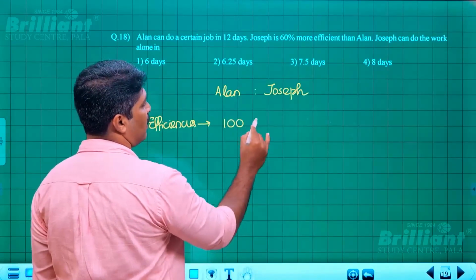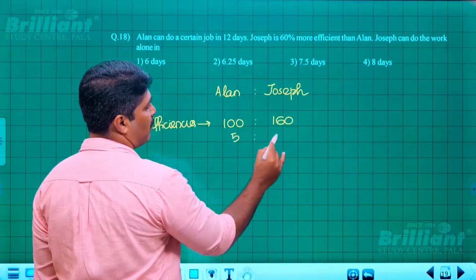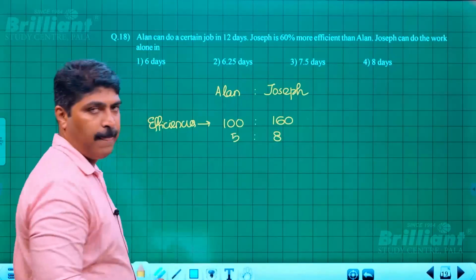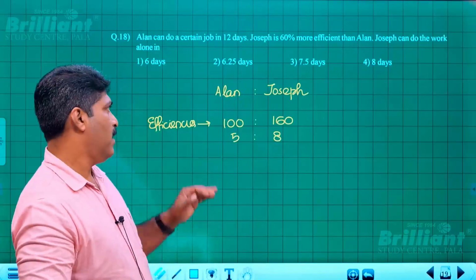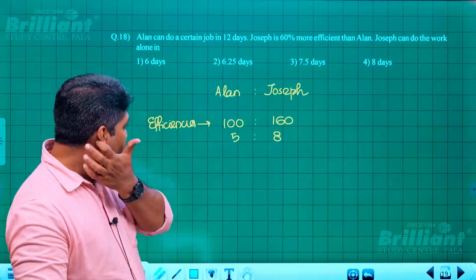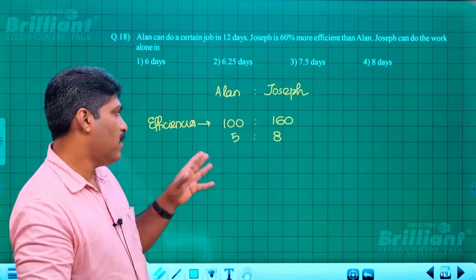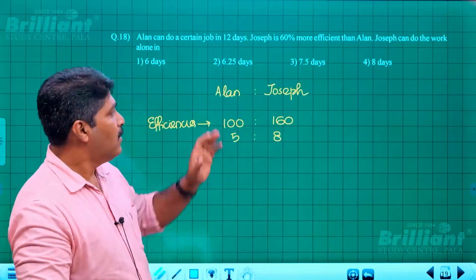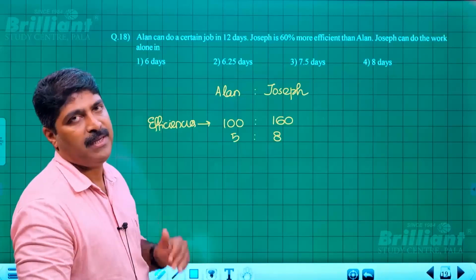Therefore, if Alan is 100, Joseph is 160, or simplified, this is 5, this is 8. If these are the ratios of their efficiencies, that means when Alan can complete 5 units of work in a certain time period, Joseph can complete 8 units of work during the same period.